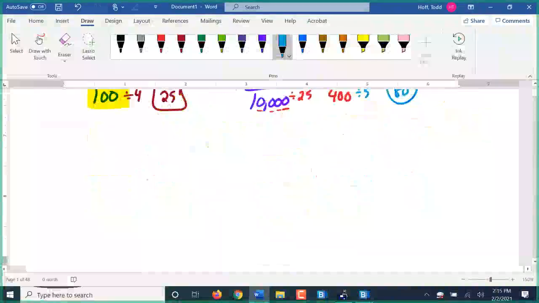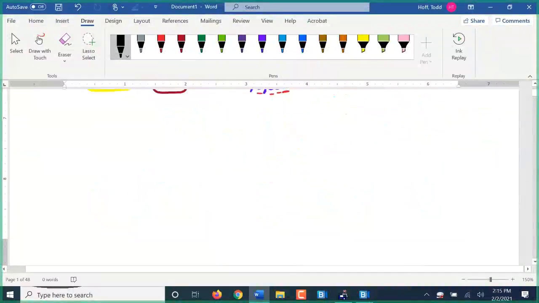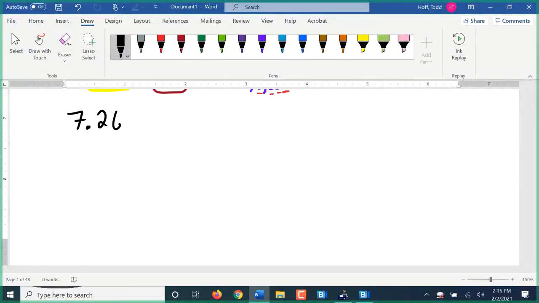Now, we won't always have those place values there to help us out. Let's do 7.265. For this one, now we've got something in front of the decimal point, the first time we've had that. Well, just like fractions can be mixed numbers, where we mix whole numbers with the fractions, decimals can be mixed numbers as well.